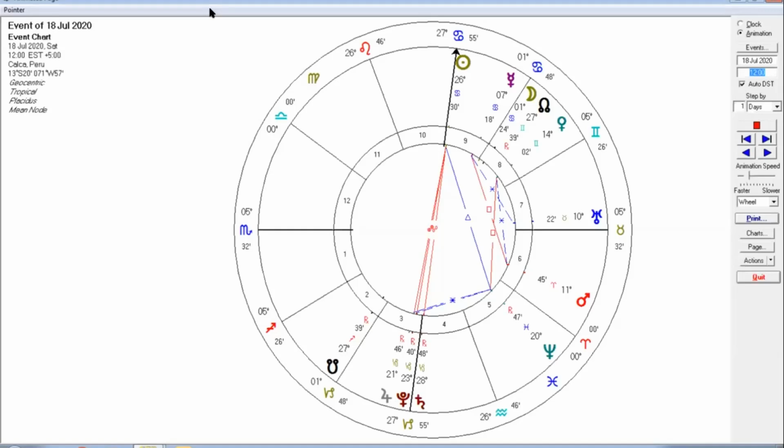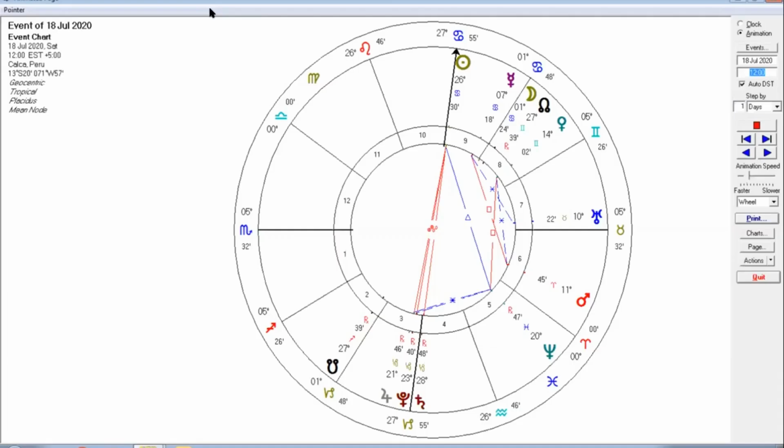So very simply, a planet, including the sun and the moon, is what energy are we talking about? What archetype? What essential part of our nature? What essential part of life? The signs of the zodiac are the how. How is that energy expressed? It's like a field of energy.